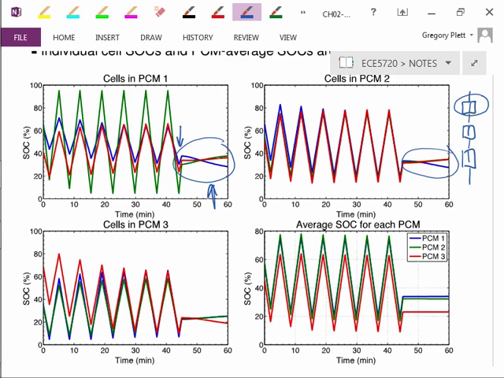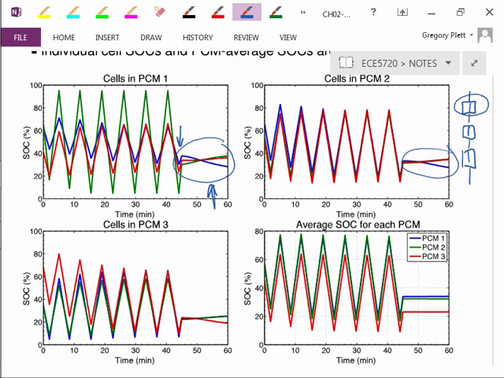And the bottom right plot shows the average state of charge for all the cells in each of the PCMs. So the blue line is the average of all 3 states of charge in PCM number 1. The green line is all the cells in number 2, and the red line is all the cells in number 3. We can see as the pack is charged and discharged, the averages go up and down, just like we'd hope.